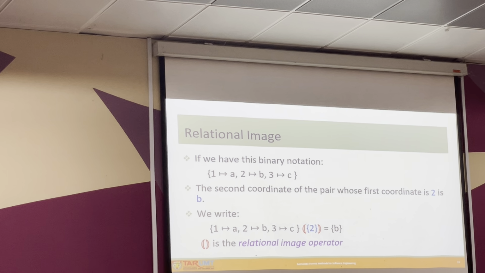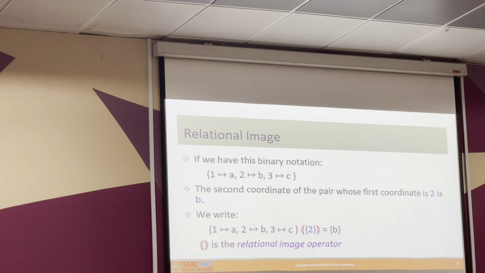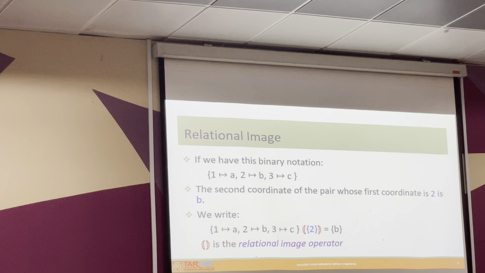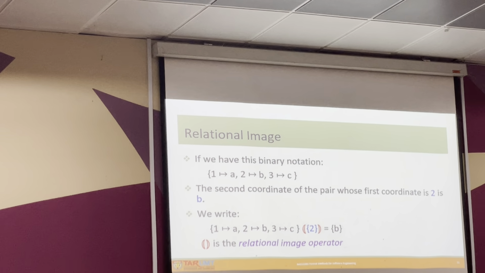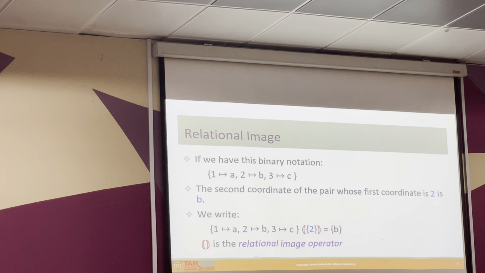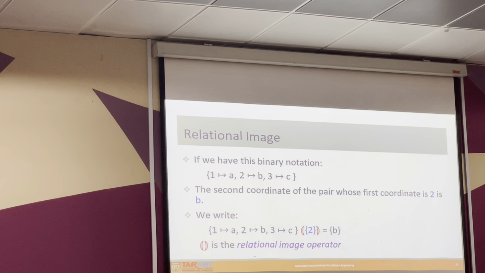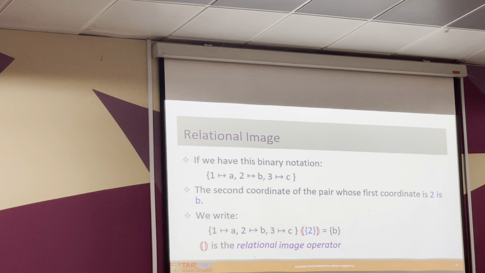Okay? So when you want to use relational image, what you want to search will be only the domain. You cannot search from the range data directly if you want to use relational image.